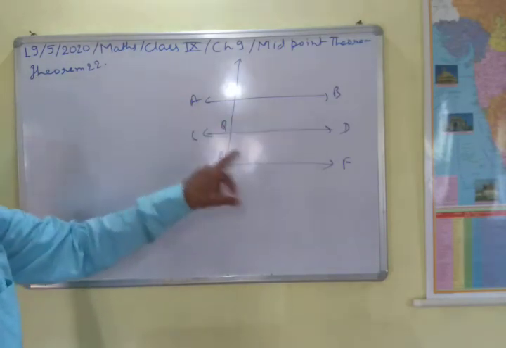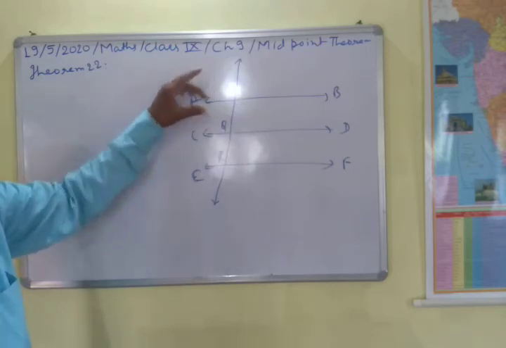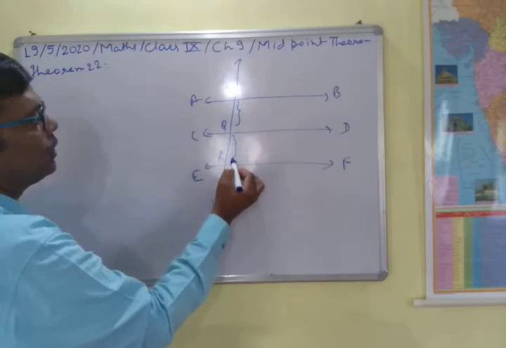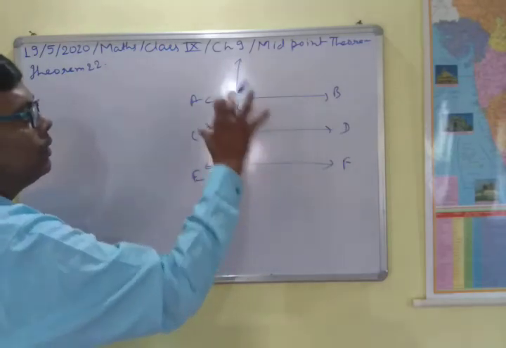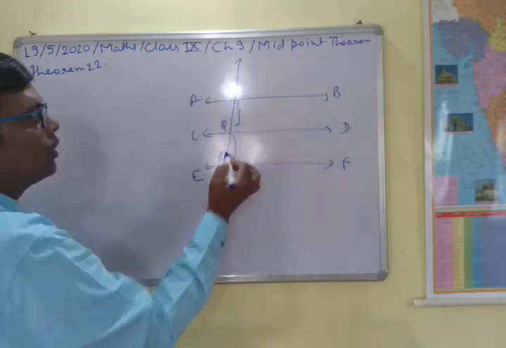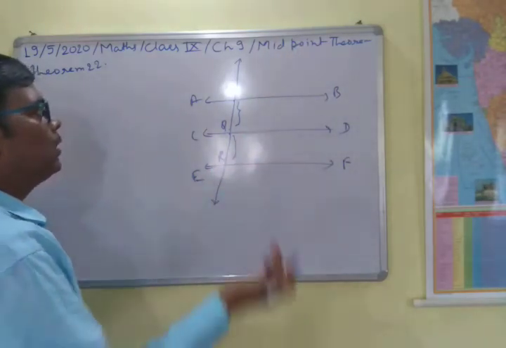Here these are the three parallel lines, and these make equal intercepts. This is called the intercept, that is, the line segment cut by these lines. So PQ and QR are the intercepts made by these three parallel lines on the third line.